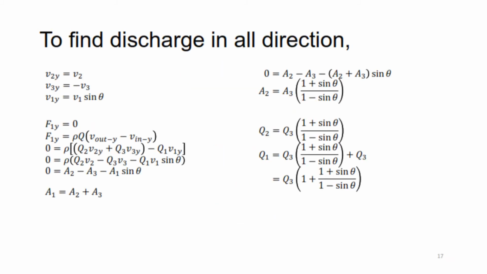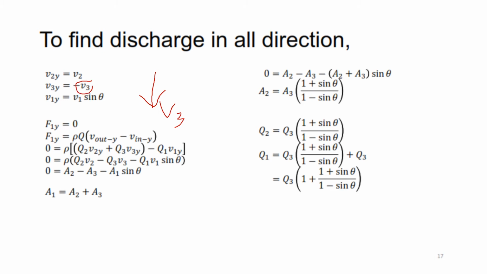Okay, then we need to find the velocity in all directions. So we solve for the y direction. So V2y equals V2 and V3y equals negative V3. Why is it negative? Because V3 just now is going downward, right? So when it is in a different direction, it is negative.